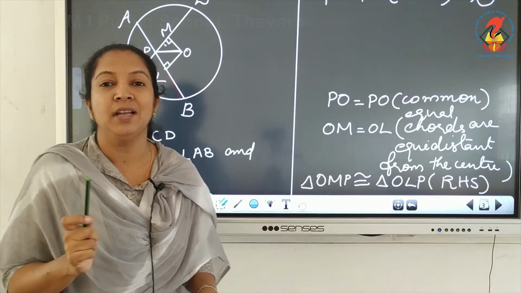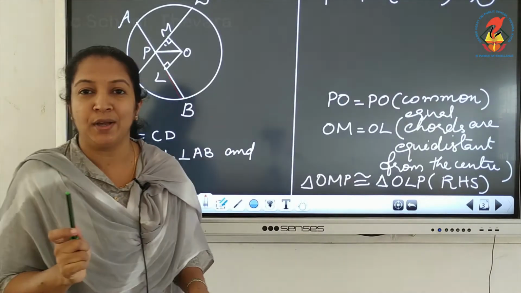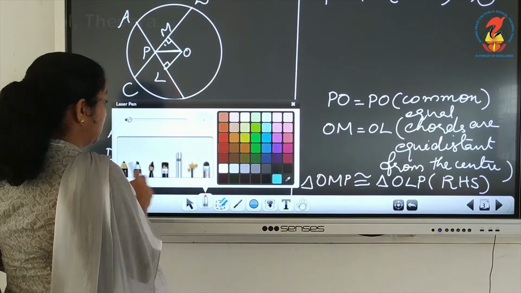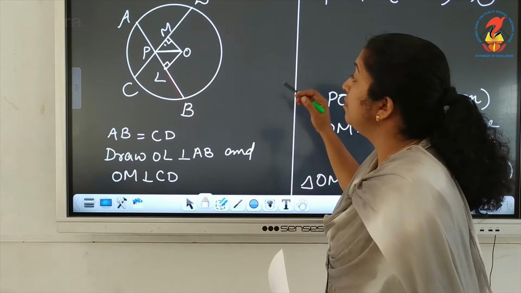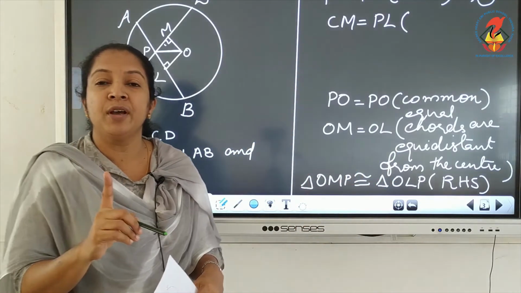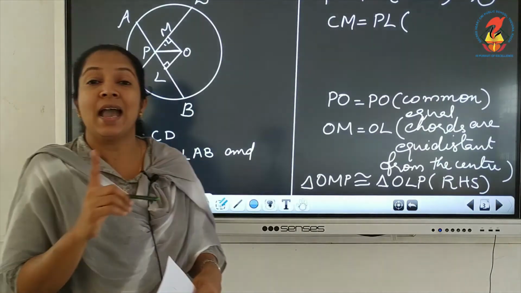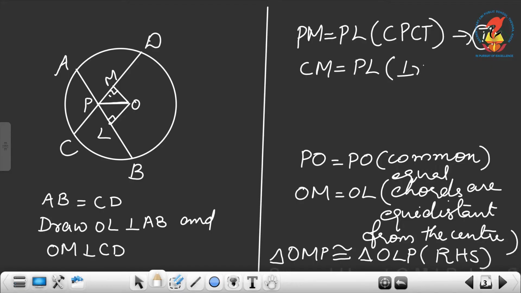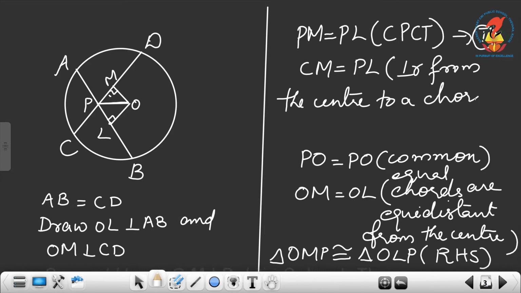Both these chords are equal, so half of these two are equal. The reason: perpendicular from the center to a chord bisects the chord, and AB is equal to CD.